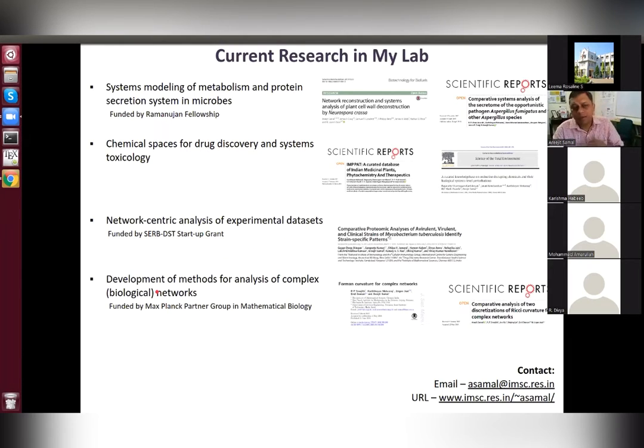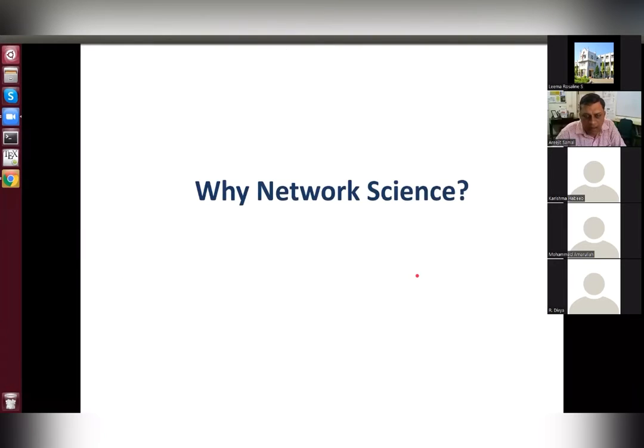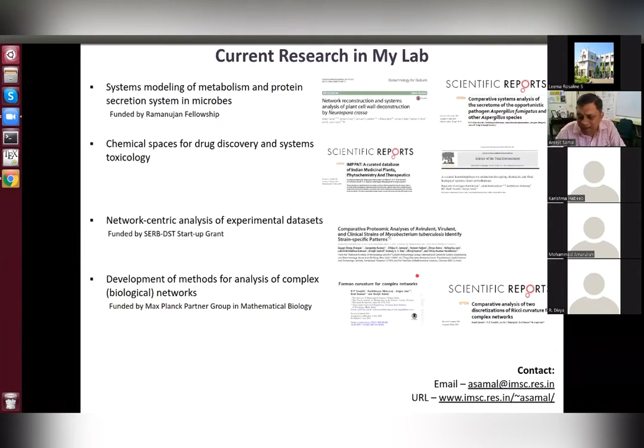And finally, we develop methods for the analysis of complex networks, typically biological networks. This work is funded by the Max Planck Partner Group in Mathematical Biology, and these are 2 representative publications in this area. I work in diverse areas, and a large part of the work I will mention today is related to the Max Planck Partner Group.